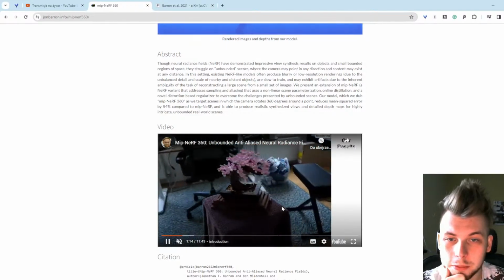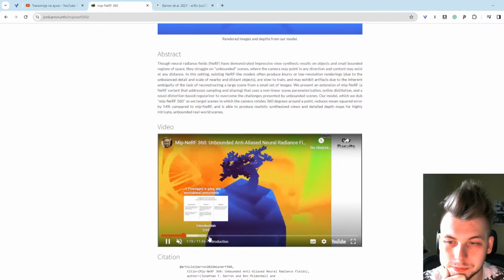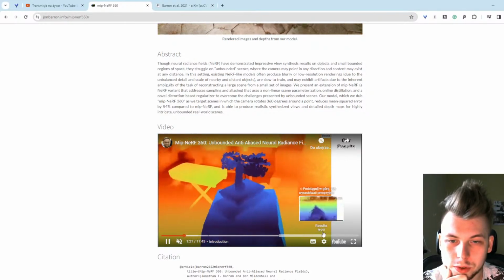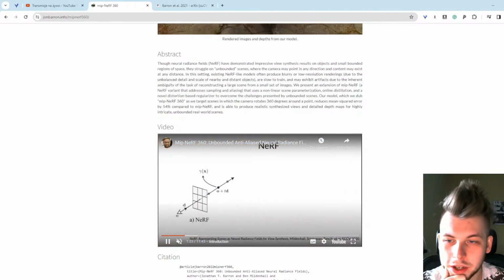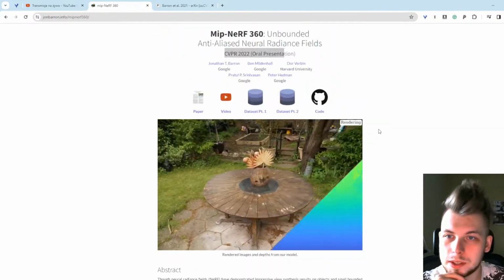So that's the main goal of this technique. Yeah, and they have quite a few tricks that they're gonna apply to make it work, and we will go through the paper to see it through.